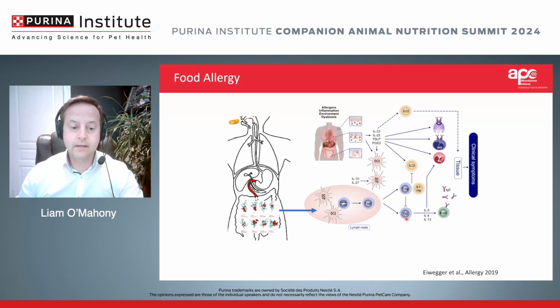So this has led to the dual exposure hypothesis, whereby if you have exposure to a food antigen via another barrier site, such as the skin, before you see it in the gut, then you will have a higher risk of developing an allergic response to that food allergen when you do consume it.